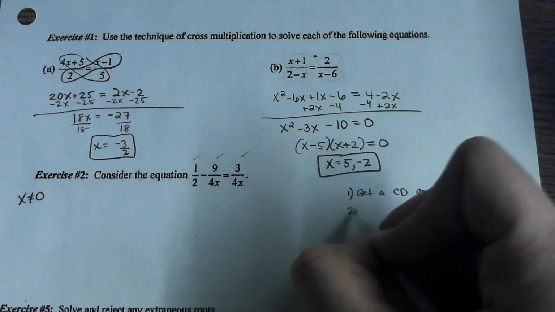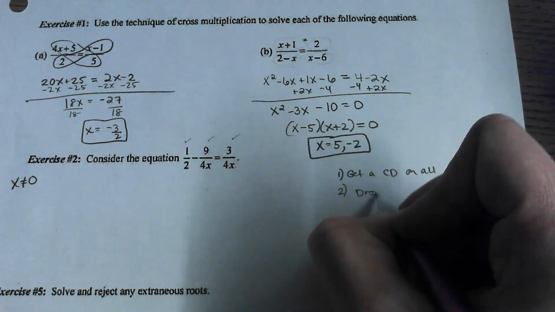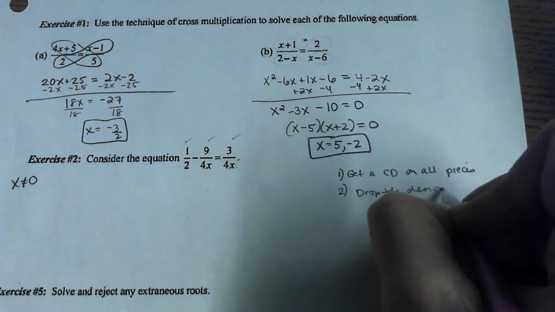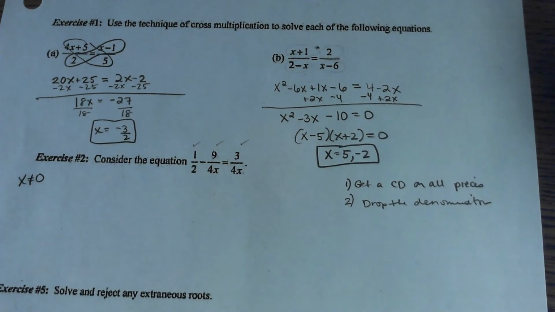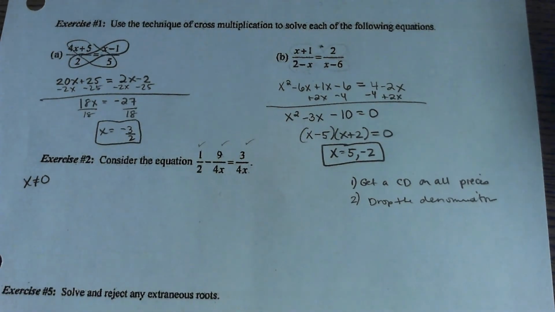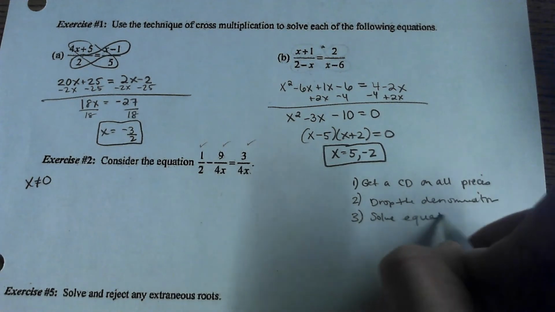And then once you have a common denominator, when you're solving an equation only, not when you're simplifying, you can drop the denominator. And then solve whatever equation that's remaining.